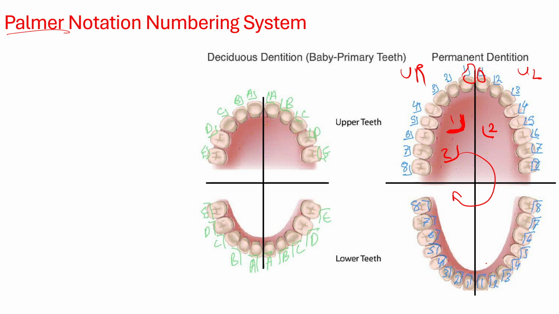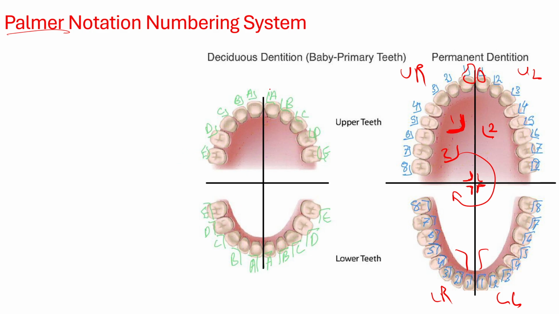For the lower left, it uses this. Lower right, it uses this. So you can kind of just remember it this way. I like to draw these. It helps to recall which way is which quadrant.